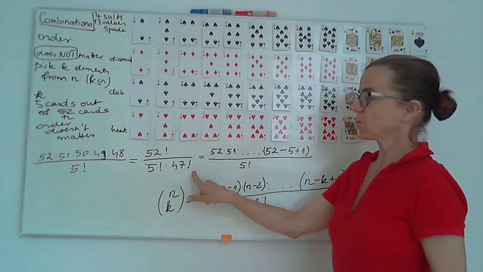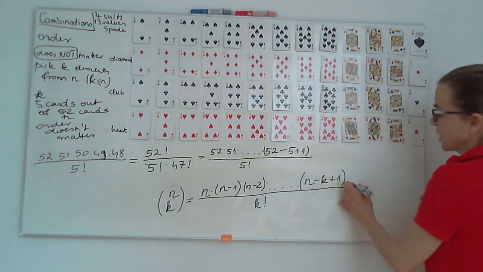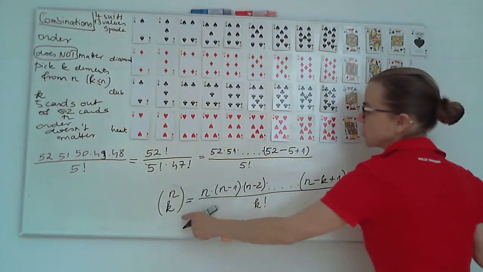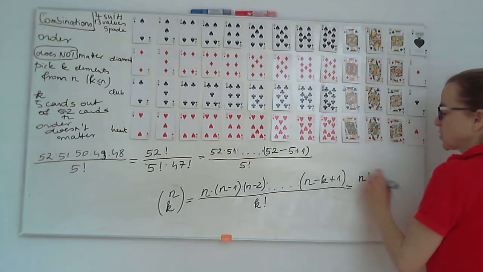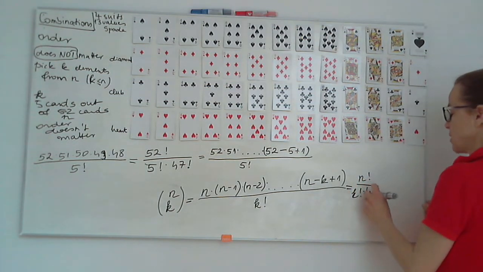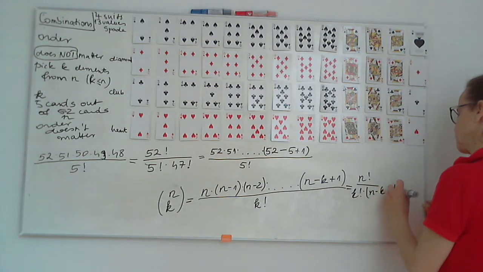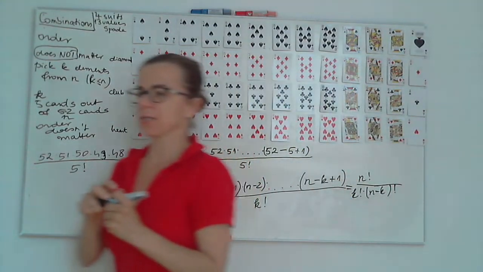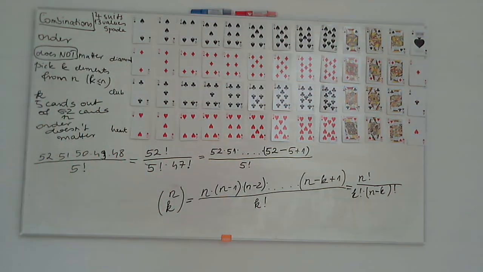And in order to use this notation as well, which is actually a shorter way to write that up, you can also say that N choose K is N factorial divided by K factorial times N minus K factorial. Okay. So this is how you calculate combinations.